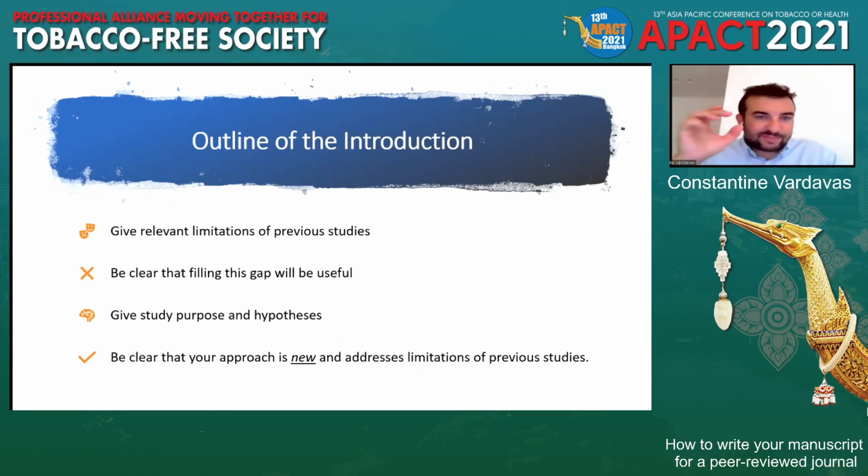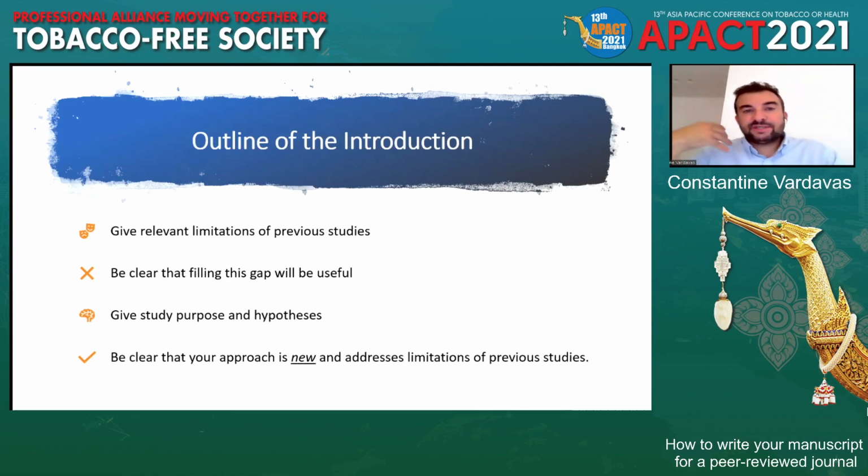Then the last part of the introduction is the study purpose and hypothesis. So you have the information about secondhand smoke, you have a gap, that is a lack of information on the level of exposure to secondhand smoke in the population, and your study purpose then is the last point.